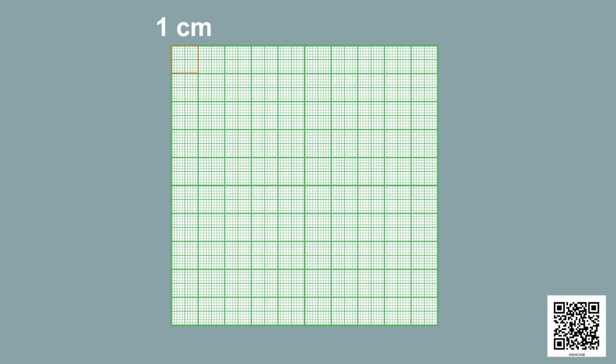Then you see 1 centimeter side is further subdivided into 10 equal divisions in terms of millimeter. So the square having 1 centimeter side, again that 1 centimeter side is subdivided into 10 equal divisions in terms of millimeter. So this should be your observation from the graph paper.